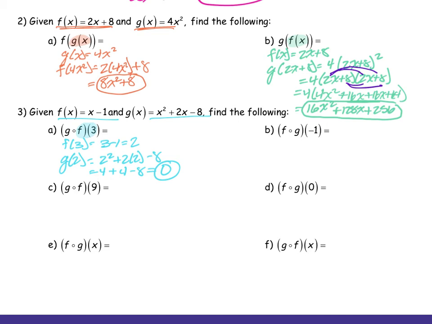Okay. So again, I'm going to find g of -1 first. So g of -1, that's my long one. So I've got -1 squared plus 2 times -1 minus 8. I think I did that one wrong.